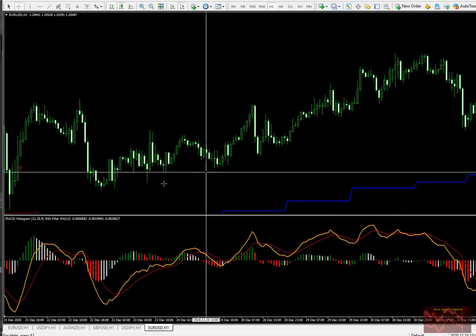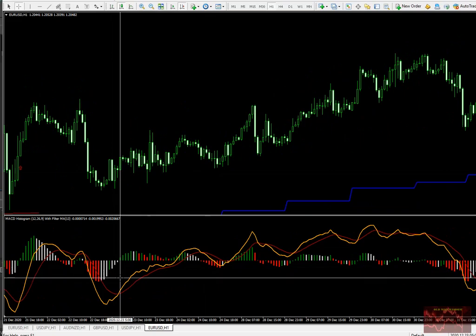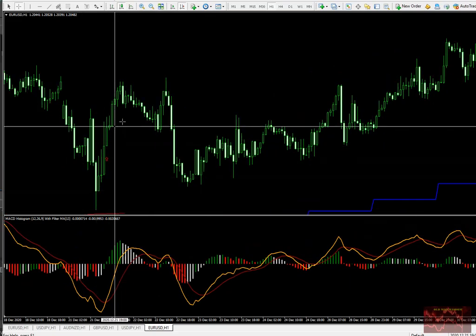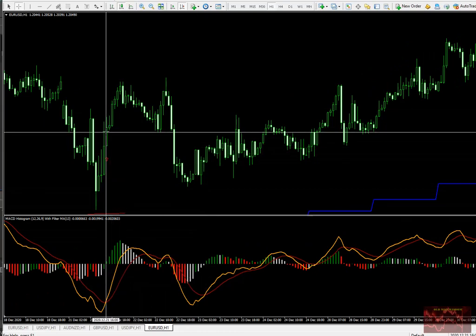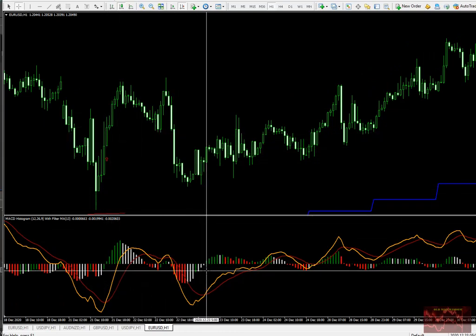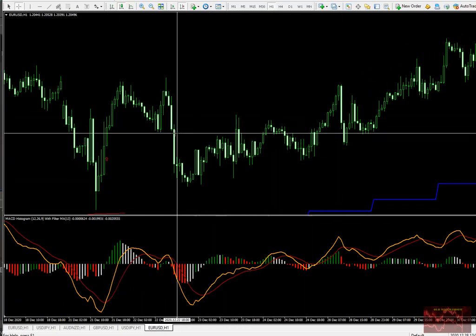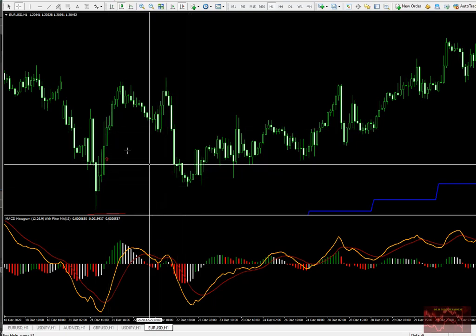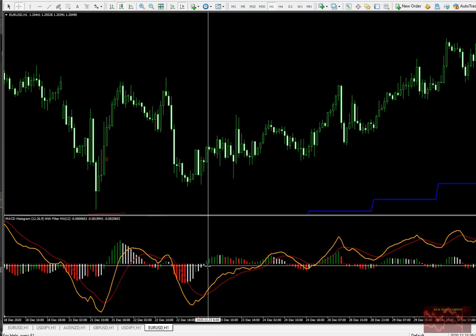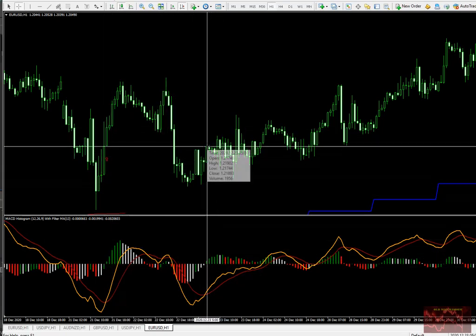Just out of interest, there's a crossover here. So there's another entrance here, but because we're in this trade, we wouldn't have taken this one, but this would have been another winner. If you'd have missed the first trade, maybe if you'd have been asleep for whatever reason, or at work, you've got another opportunity here where you're risking 45 pips, and you would have made 45 pips.